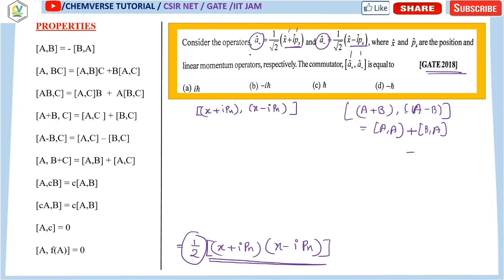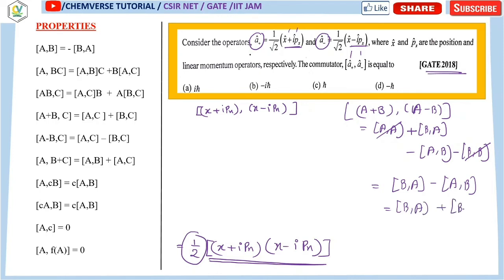Then a negative sign, a commutator b, and a negative sign, b commutator b. Applying this formula, a commutator a is 0, b commutator b is 0, so it is b commutator a minus a commutator b. Now minus a commutator b is nothing but b commutator a, so it is 2 times b commutator a.